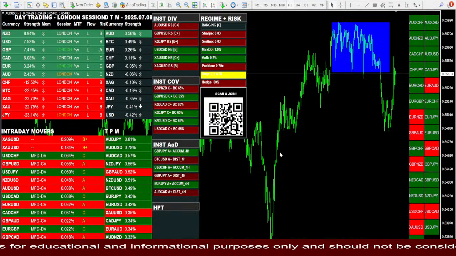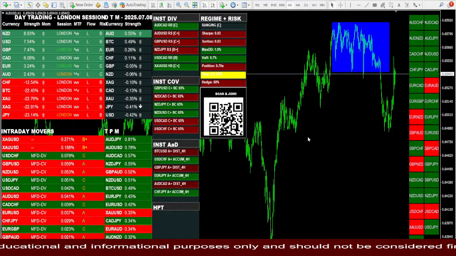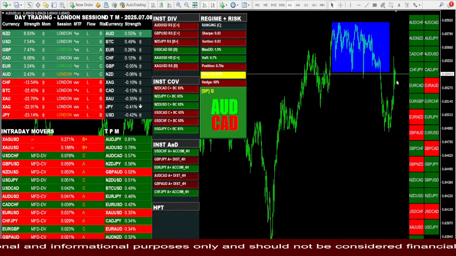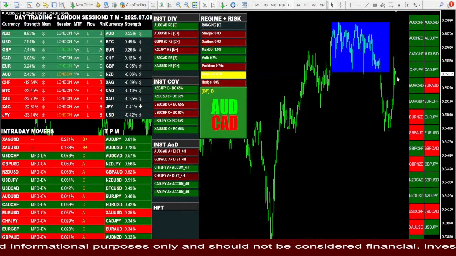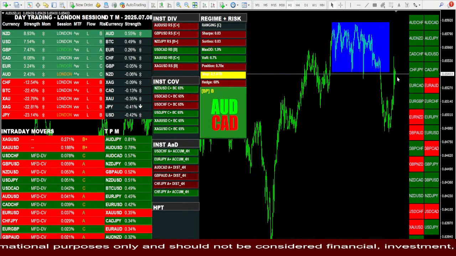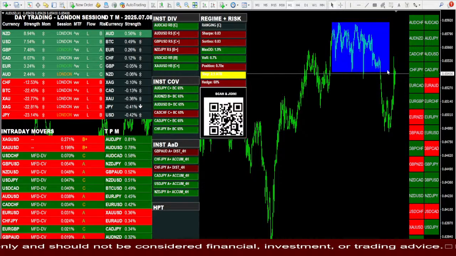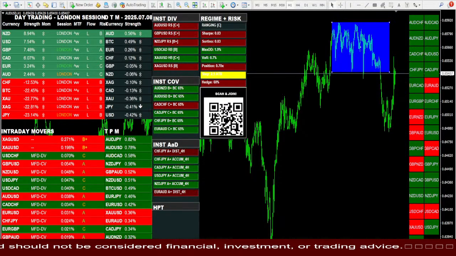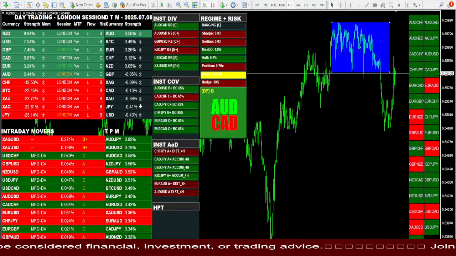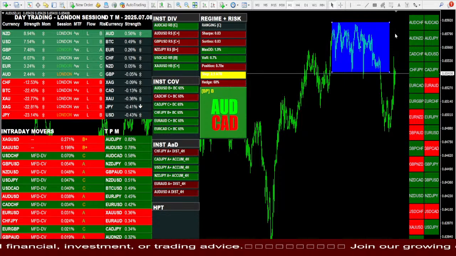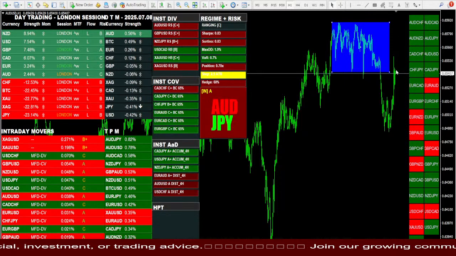Okay, so now what I'm saying is that there's a possibility that if this level remains here, I definitely will be looking, that's definitely going to be a continuation.